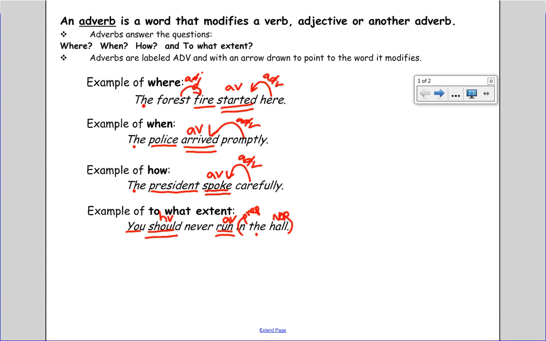So never answers the question to what extent. So to what extent should you run in the hallway? Never. So we would draw an adverb from never to run. You will find adverbs interrupting verb phrases every once in a while.